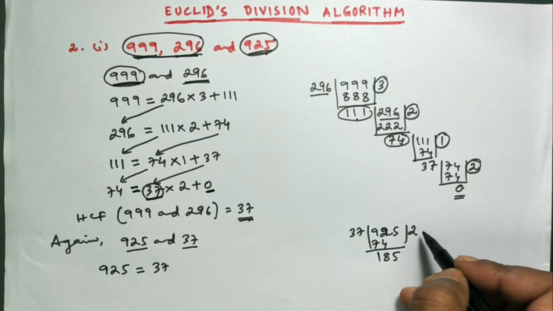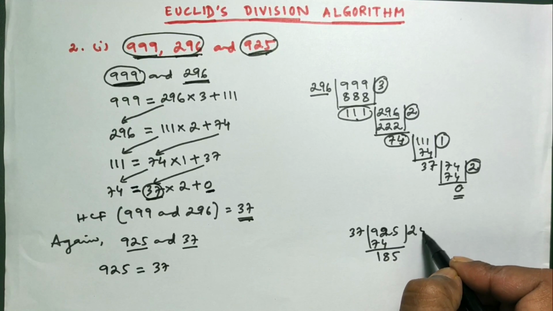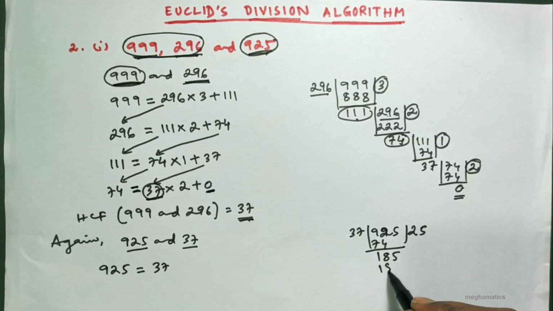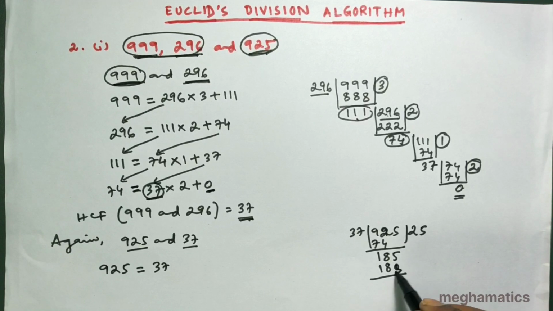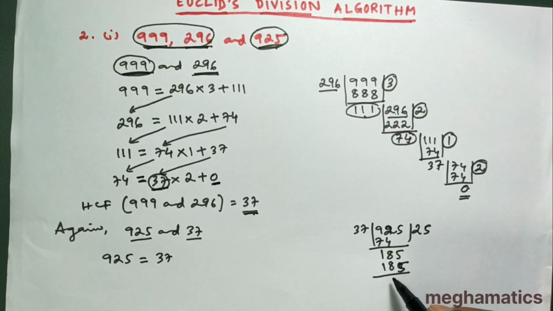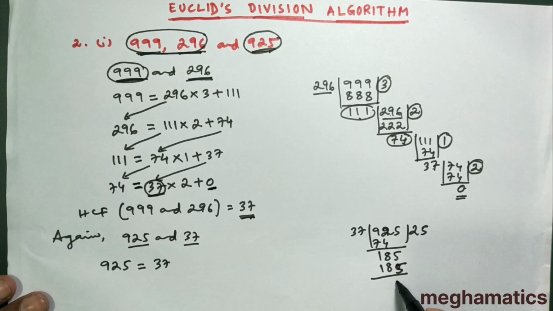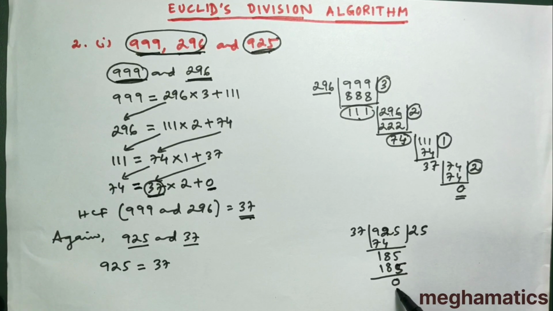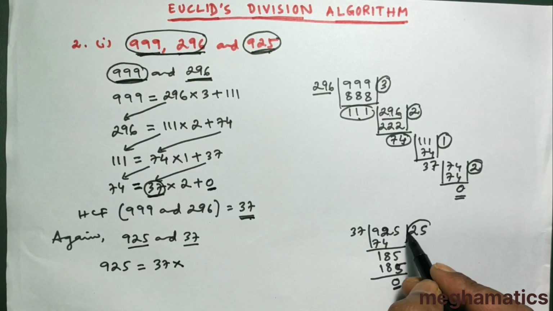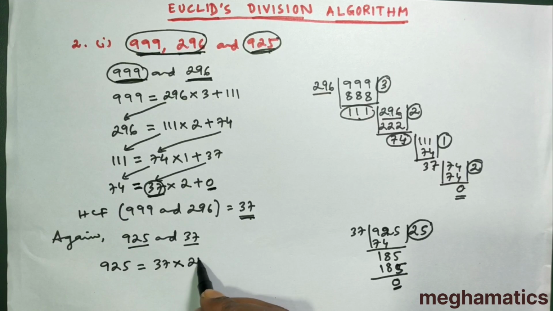Now again if we divide, it is 5 times, so 185, and the remainder you can see is 0. If the remainder comes 0, then we need to stop. So 37 into, here we have got the quotient as 25 and the remainder is 0.